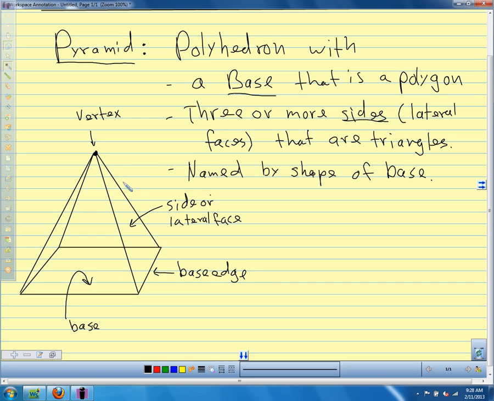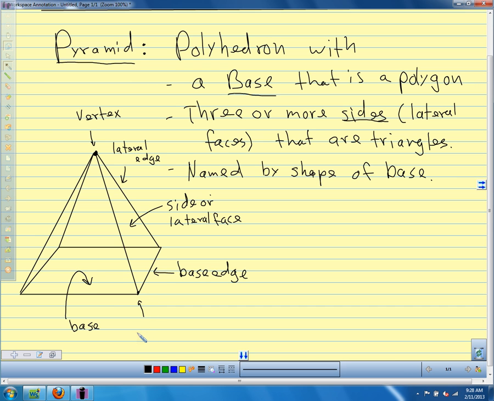And this edge on the side is called a lateral edge. What's the corner of the base called? You could call it a base vertex, I guess.